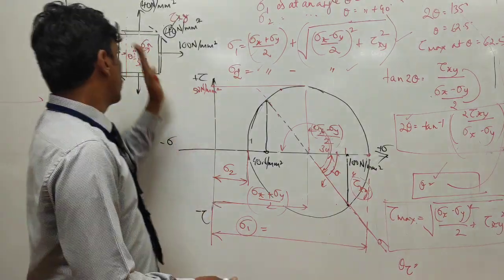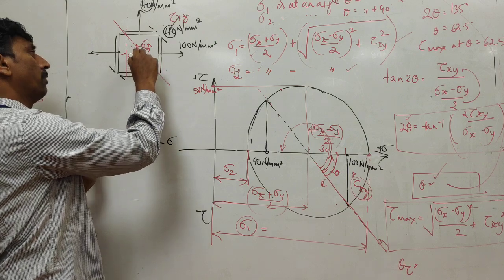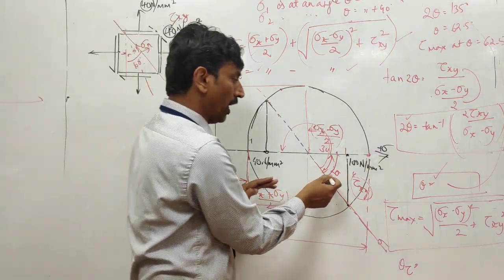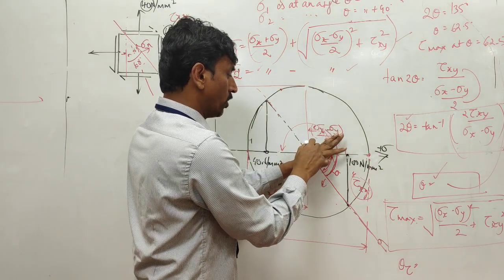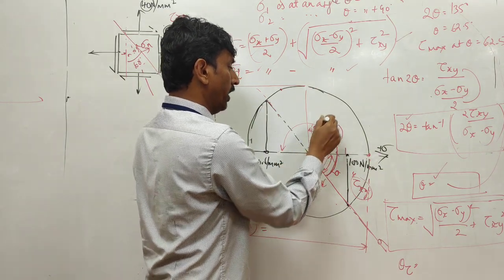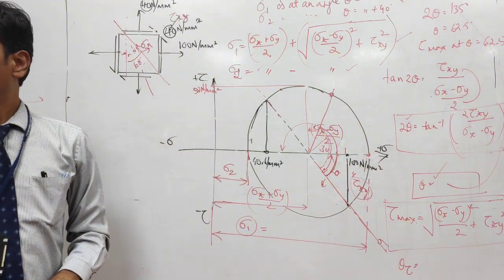And then, suppose it is inclined by 60 degrees here, then you have to incline it by 120 degrees here. So 90 is so much, and 120 degrees approximately like this. Now we get this point.